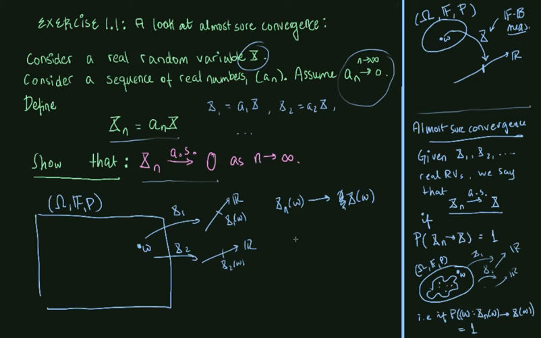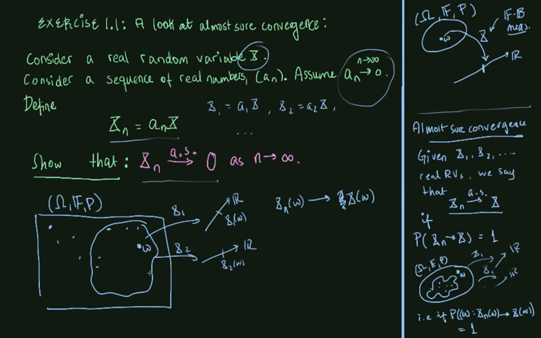So if we consider the set of all the omegas where Xn evaluated in that omega converges towards something for n going to infinity, so if there are omegas all around here in this probability space, then let's say that these are all the omegas for which, if we evaluate Xn in each of these omegas, then Xn will tend towards a stochastic variable X. And there are these other omegas where it doesn't go towards anything.